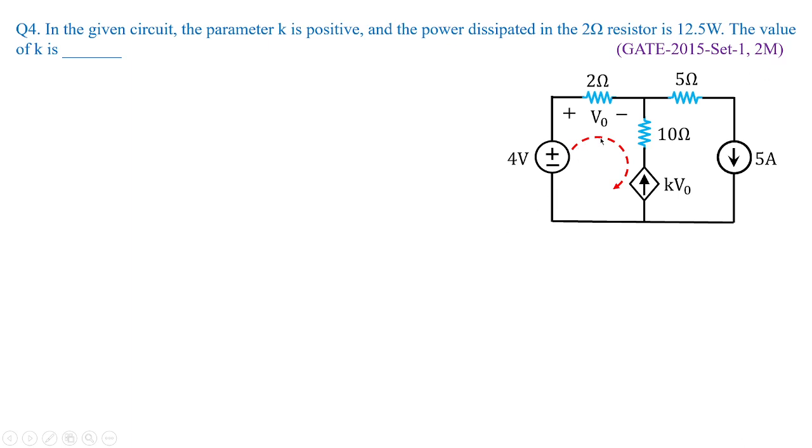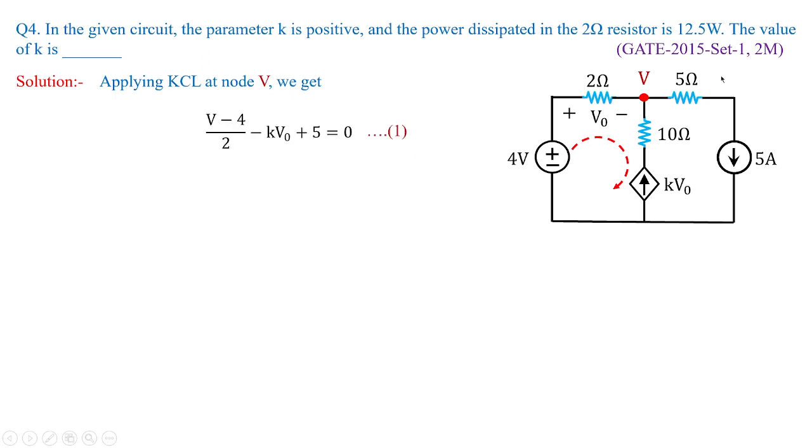Here you can see I have selected the dotted arrow mark in clockwise direction by assuming a node voltage V over here. So by applying KCL at this node V, I'm going to get V minus 4 by 2. This is the voltage dependent current source, that is minus KV naught, and you have 5 amperes which is going away from the node V, so that's why it is plus 5 equivalent to 0.